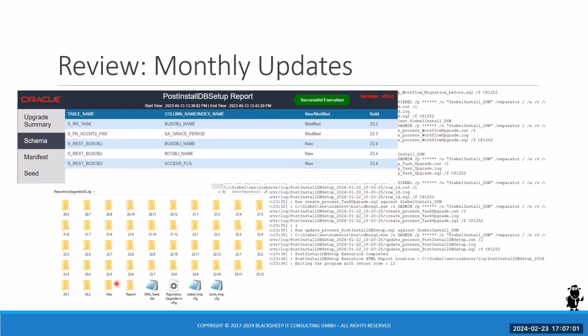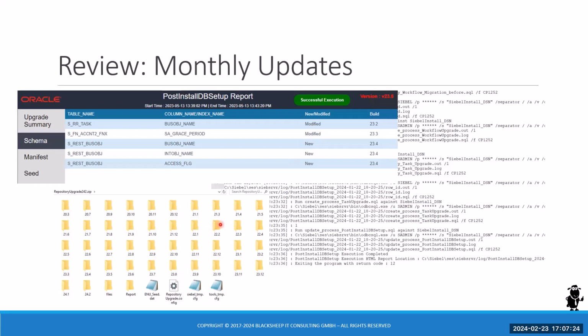And if you've never done a repository upgrade, like one customer who I just kicked it off for today, it starts at 20.3 and goes to 24.2. So that's 4 years worth of innovation that is pushed into that integration workspace and into your database. So it actually runs a few hours.